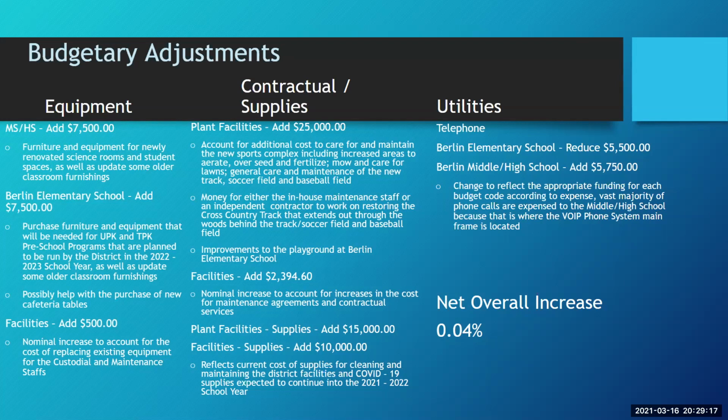So in order to adjust those budgets so they're more regulated in the appropriate area, I reduced Berlin Elementary School budget by $5,500 and increased the Berlin Middle High School $5,750, which is a $250 net increase overall. So comparatively, as far as budgets, last year to this proposed budget, it's an increase of 0.4%.